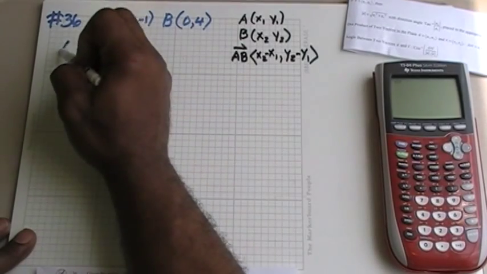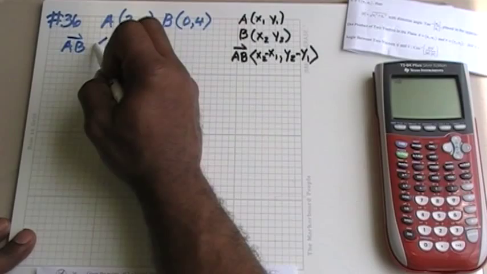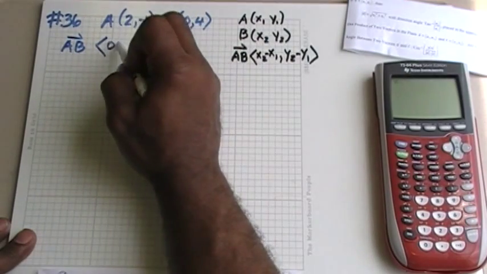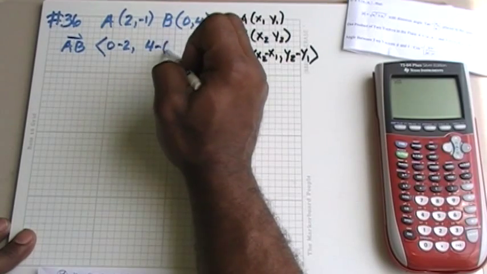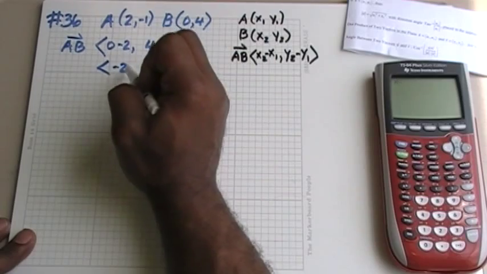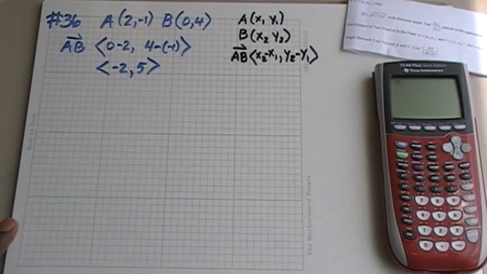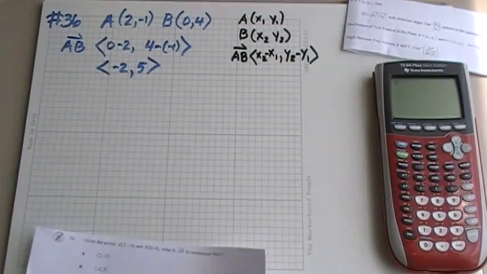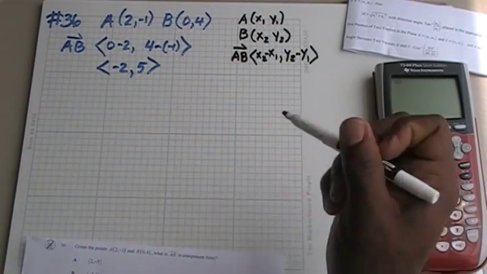Vector AB is going to be 0 minus 2, 4 minus a -1, and that's going to give us (-2, 5). So in this case, that answer is B.